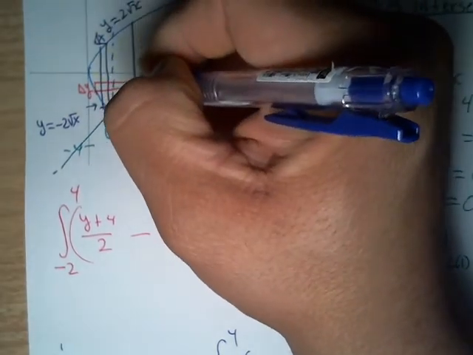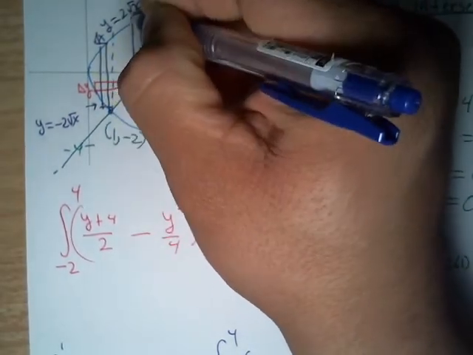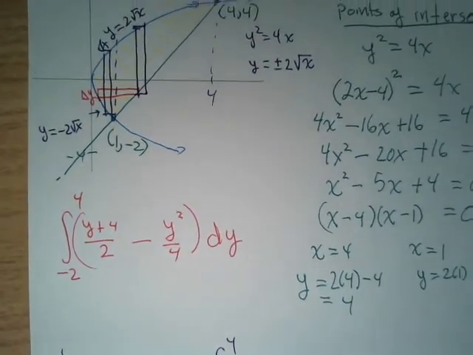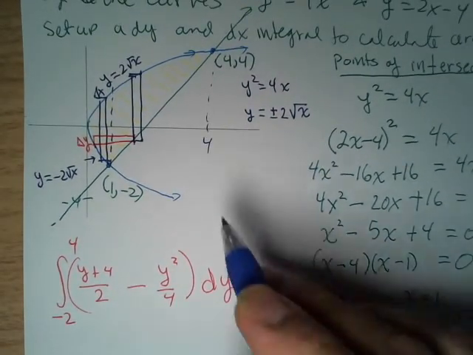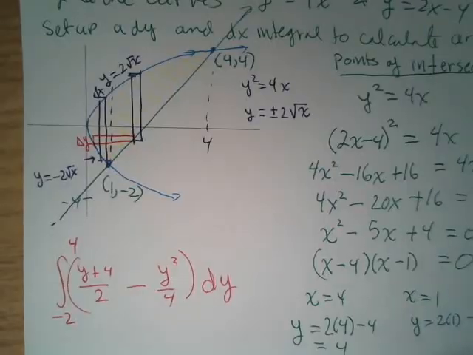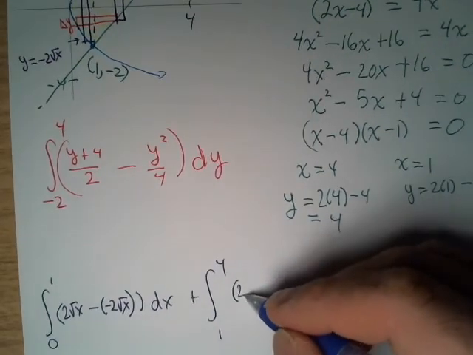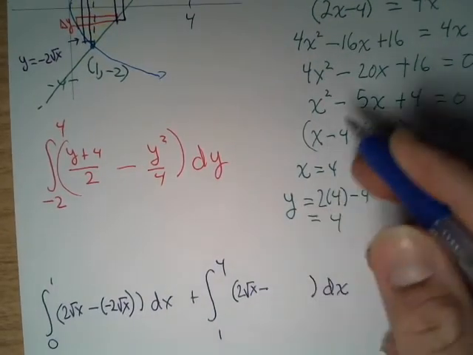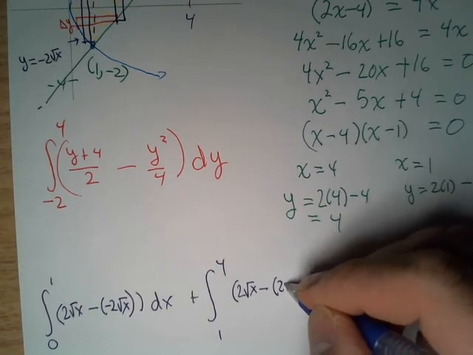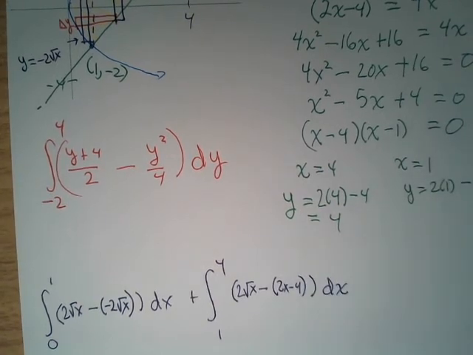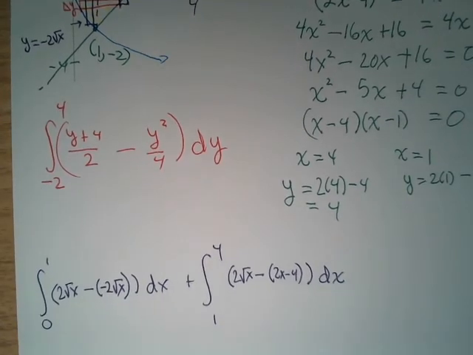And then in the next part of our interval, that changes. In that part of our integral, the top curve is this root function, so it'll be 2 root x, and then minus (2x minus 4). Watch those parentheses, it's going to be minus that whole thing.